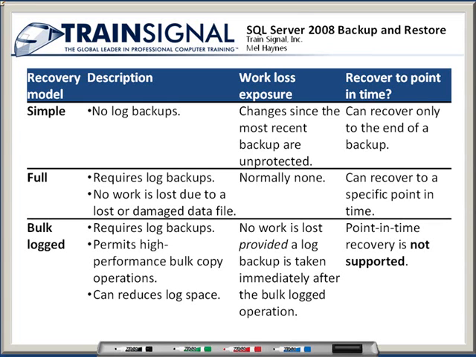Now, when you're dealing with full and bulk logged recovery, you typically don't run in bulk logged. You may switch to your bulk logged recovery model briefly in order to do a bulk transaction, such as a bulk copy. After that bulk copy is done, like I said, that daily update or weekly update, you want to switch back to your full recovery model. But those are your 3 recovery models.